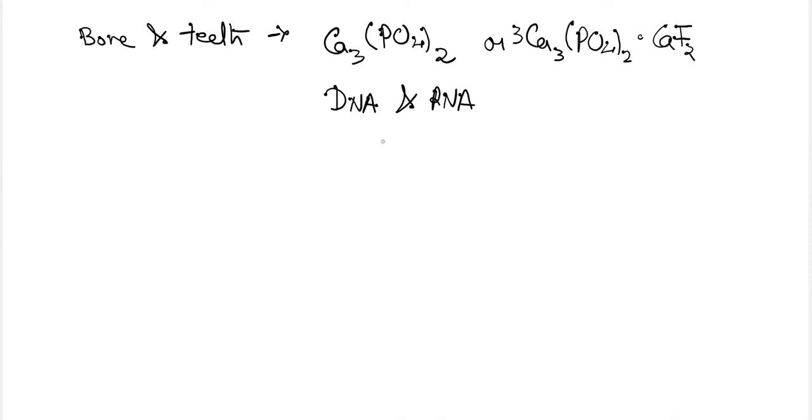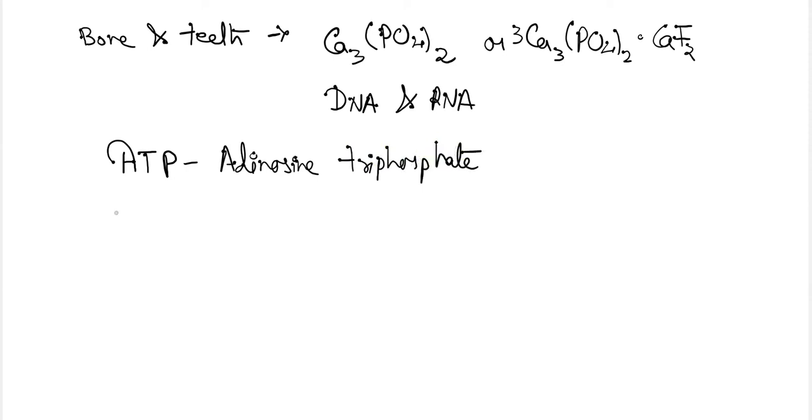Phosphorus is also found in adenosine triphosphate, that is ATP, and also in ADP, adenosine diphosphate, which are the power generators in our body.